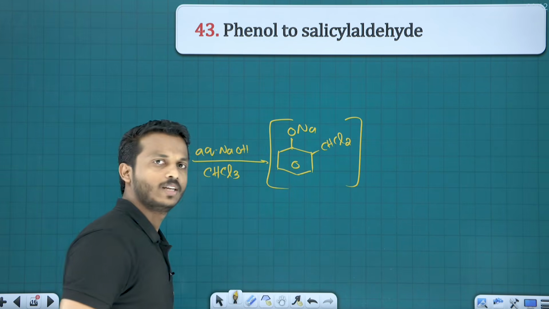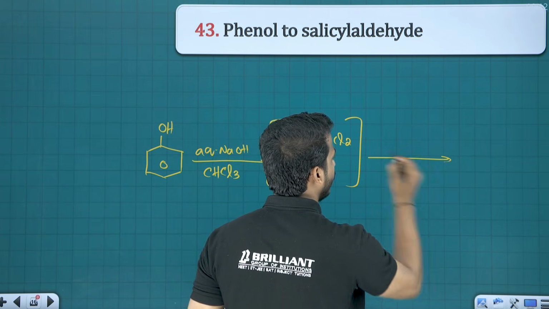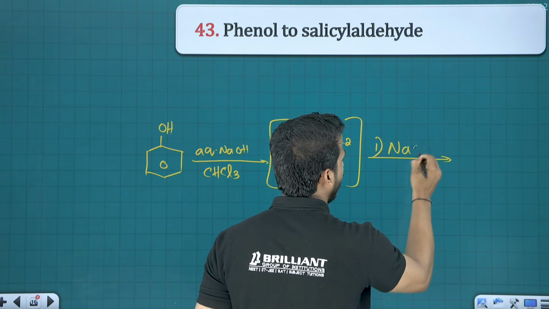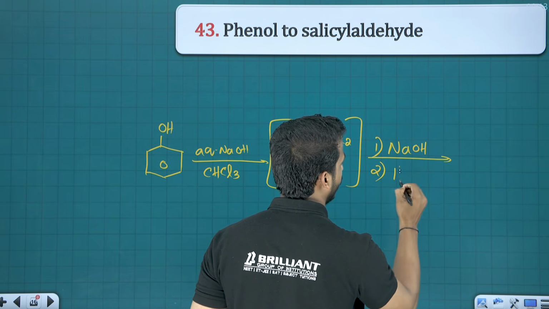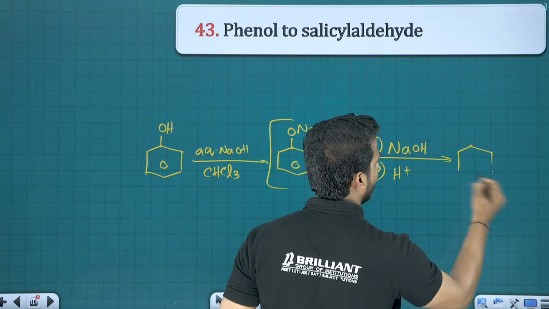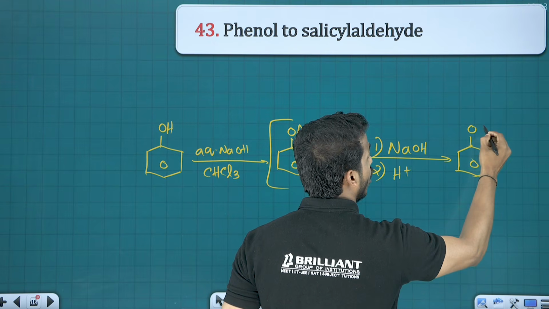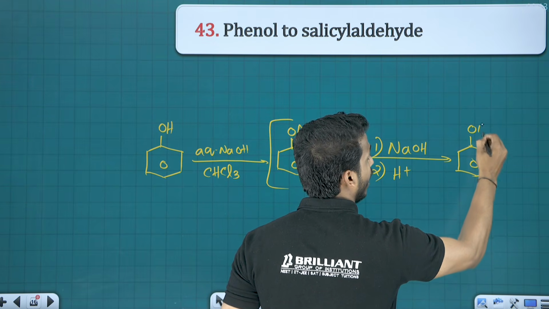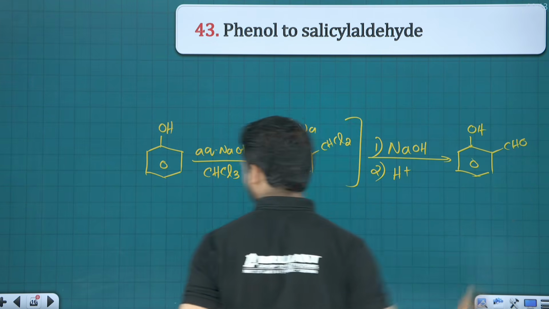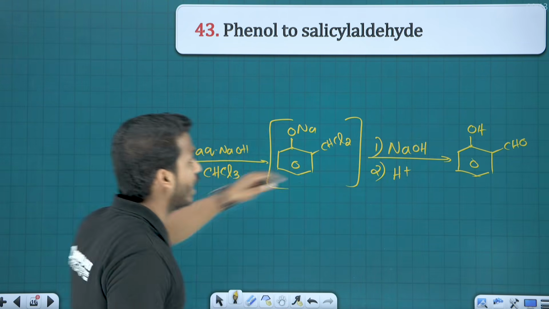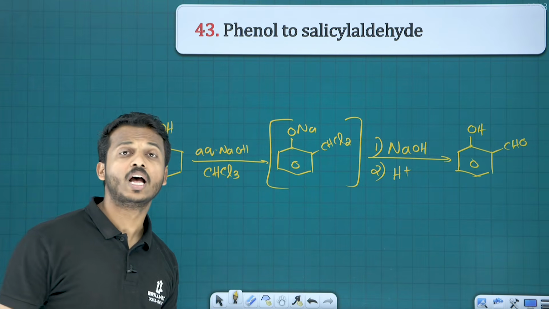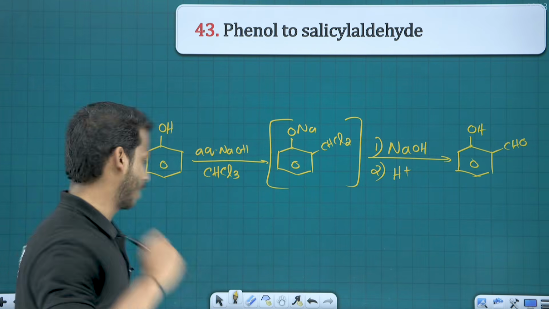You will get an intermediate, and then we treat it with NaOH, it becomes ONa, and then react with H plus, we get salicylaldehyde. That is OH and CHO. Salicylic acid is OH and COOH. Salicylaldehyde is OH and CHO. This is called Reimer-Tiemann reaction.